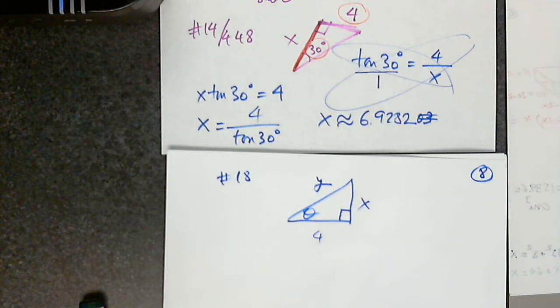We're asked to express x and y in terms of trig ratios of theta. So I could have x equals cotangent theta, or y equals cotangent times sine theta, something like that. I don't know. So let's take a look.